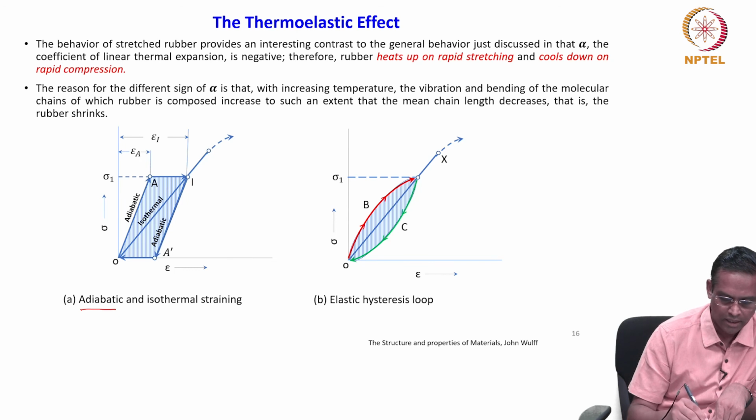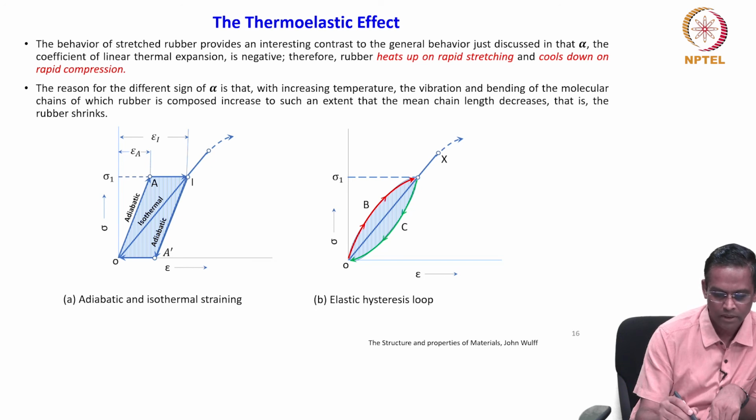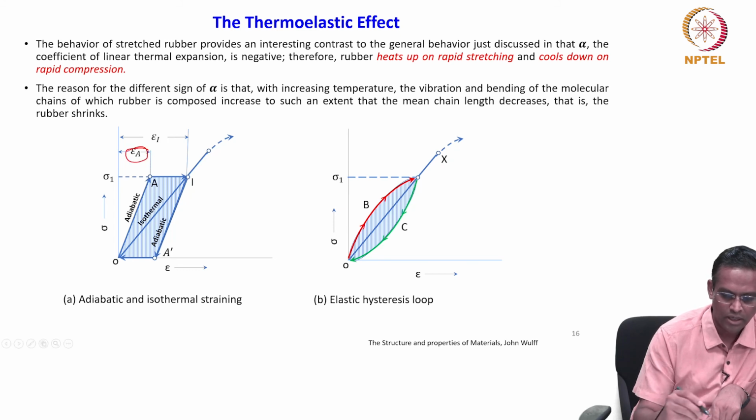On the other hand, if I stretch it very fast, rapidly, I am not going to get the final strain which I am supposed to reach, EI here. Instead, I land up in EA. EI is my original elastic strain if I stretch it slowly, and if I stretch it abruptly, then I reach a point A where I get only EA of the strain.